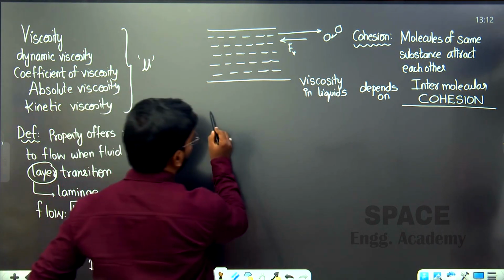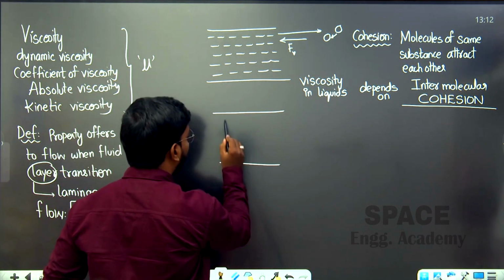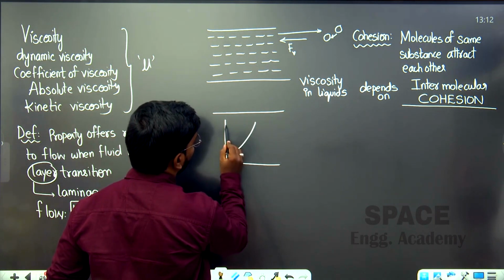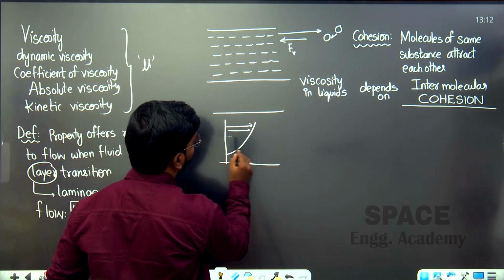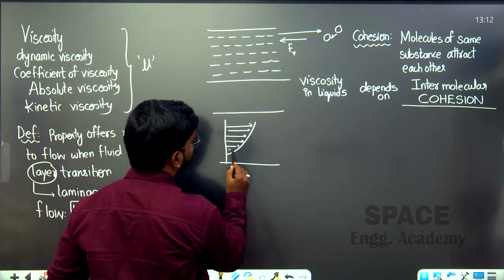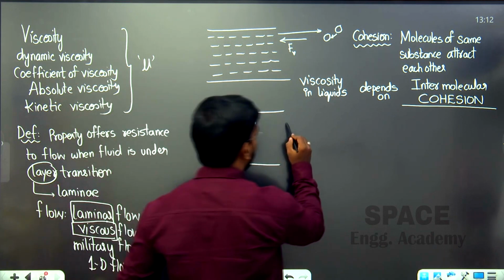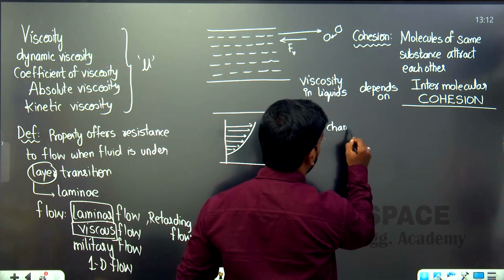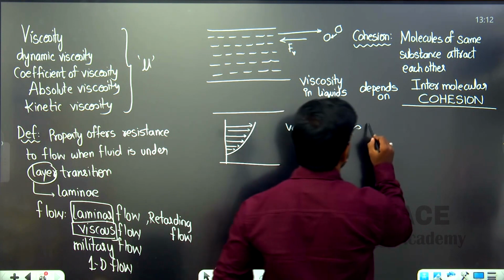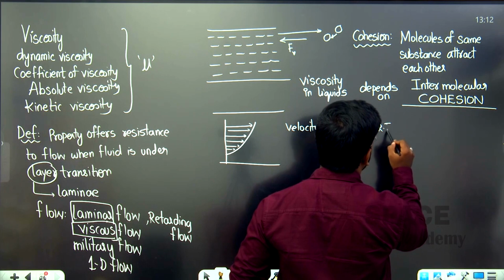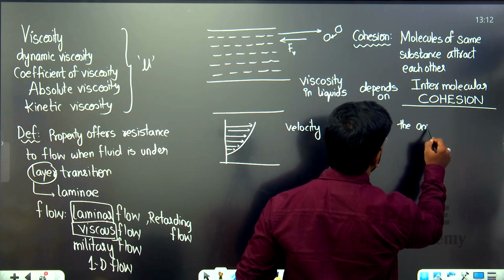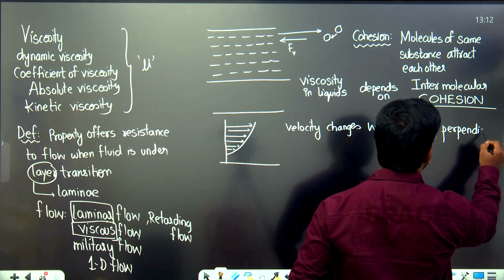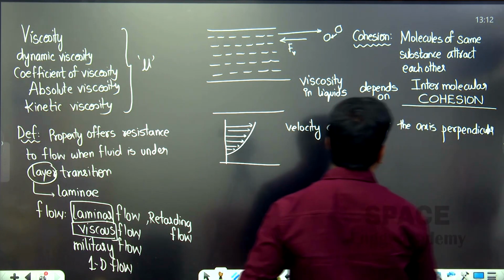If you see in the vertical direction, you are going to have some gradient in the velocity. Velocity is going to change with respect to the direction perpendicular to the flow. Velocity changes with respect to the axis perpendicular. This we discussed in the no slip condition also.